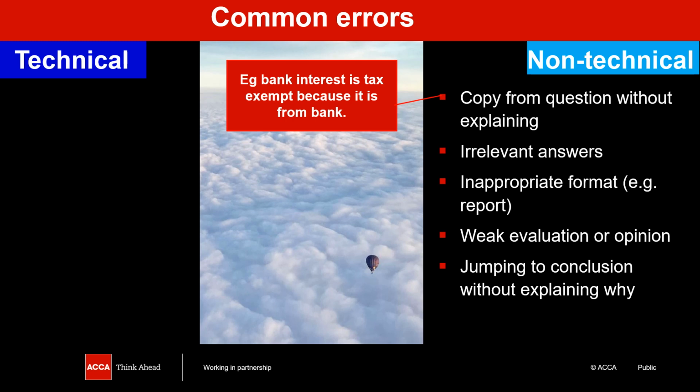In your answer, if you said bank interest is tax exempt because it is from a bank, obviously, you were just trying to spell out the tax computation adjustment of the bank interest, but you were not trying to explain why the bank interest was not taxable. What you should have said in order to gain marks is that bank interest is non-taxable or tax exempt because of the 1998 exemption order.